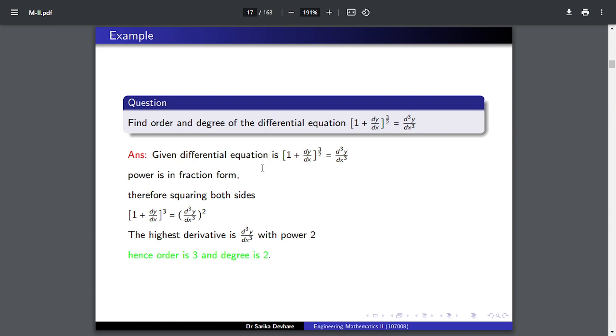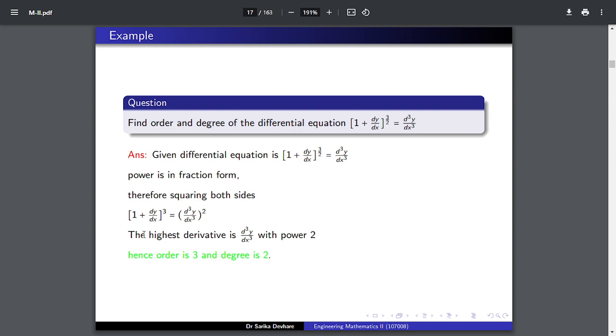Okay, that means we have to take the square of both sides. To make the power fraction free, squaring on both sides, we get the new equation. This is our new equation, and if we look at it, its power is now fraction free.